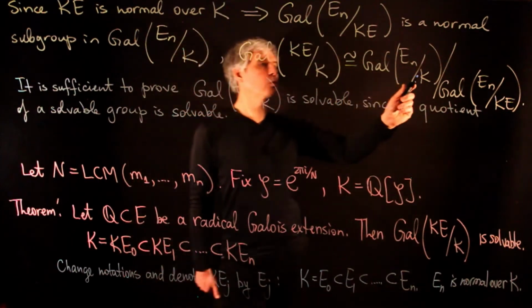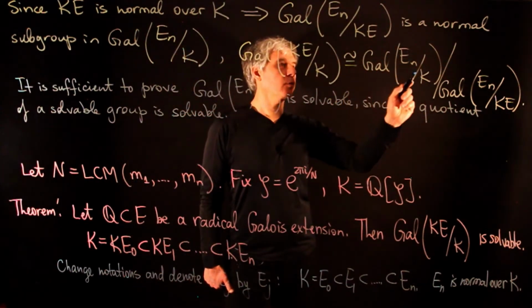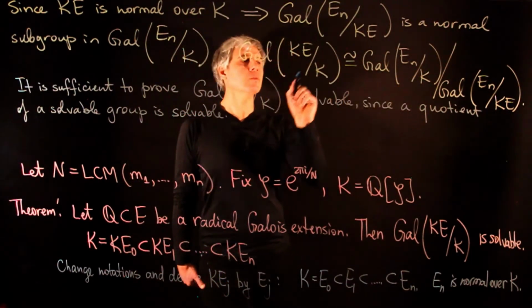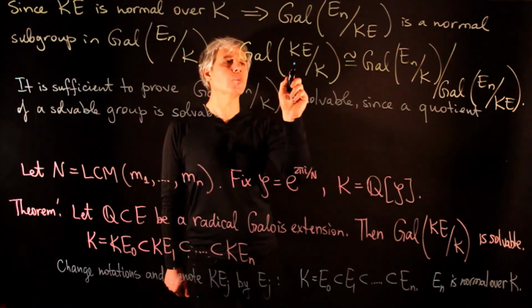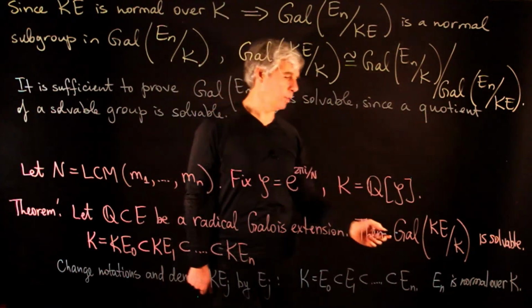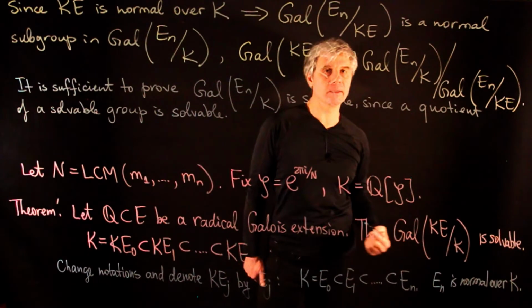So if we can prove that the Galois group of En over K is solvable, then we conclude that the Galois group of Ke over K is solvable. And that's exactly what we need.